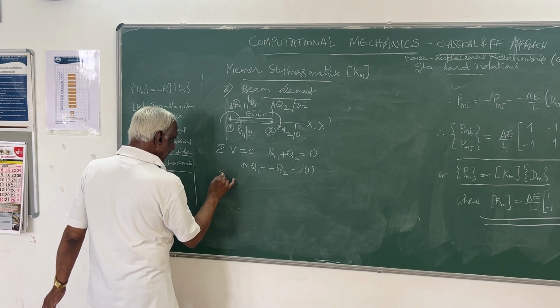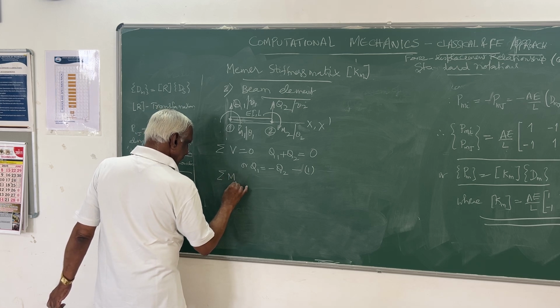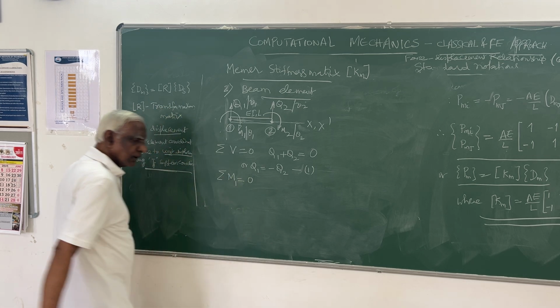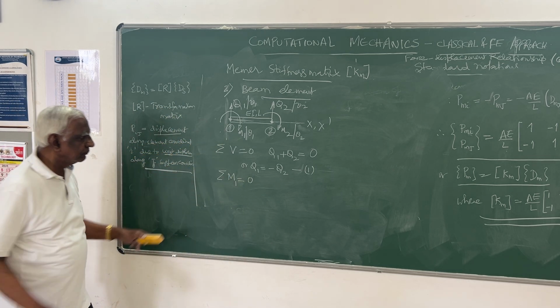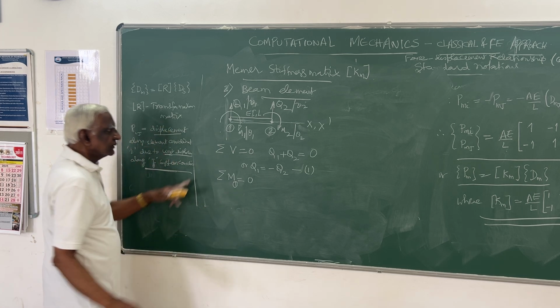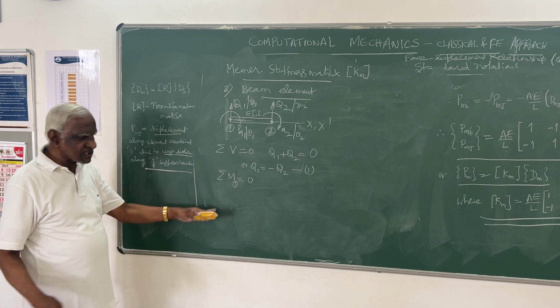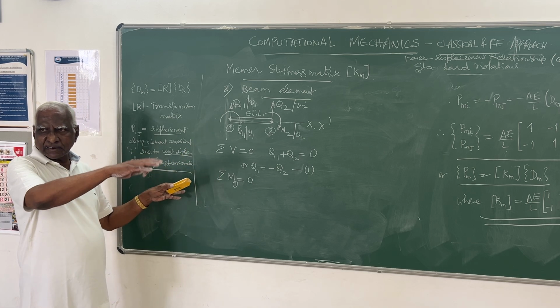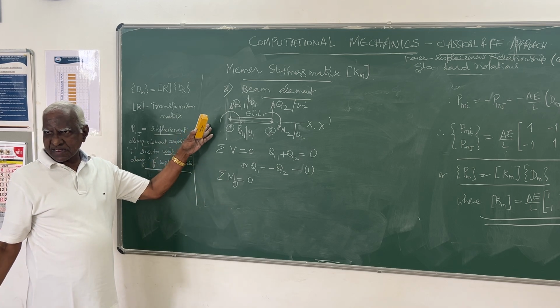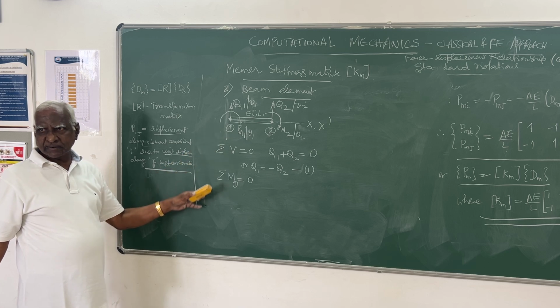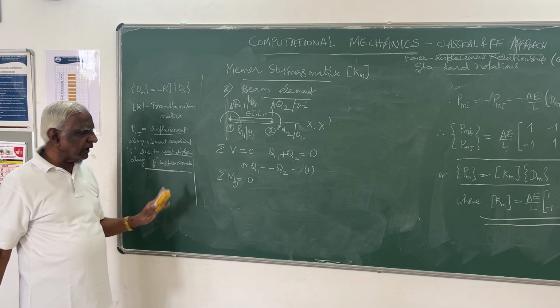Then if you apply sigma M about point 1, sigma M about point 2, three equations of equilibrium. The one equation sigma H equals 0, I don't consider. Only the other two equations, sigma V is 0, sigma M is 0.